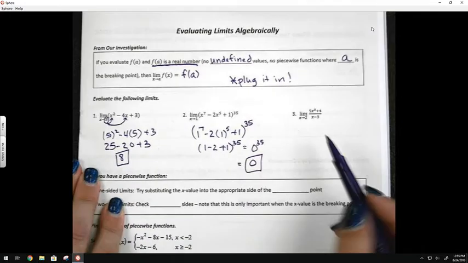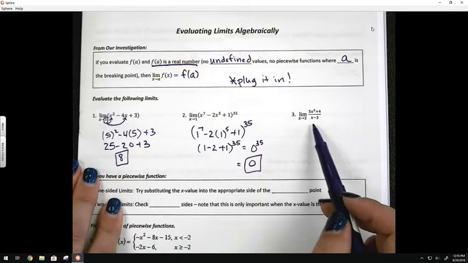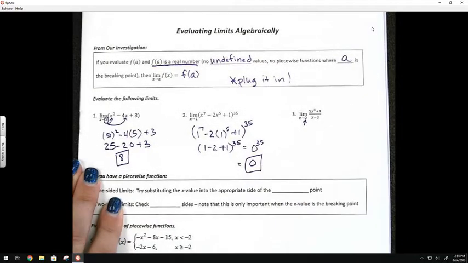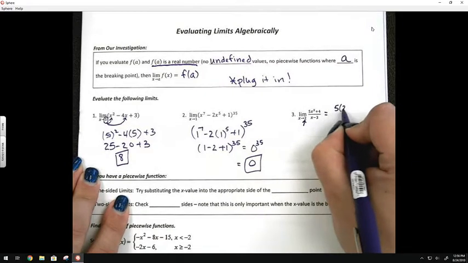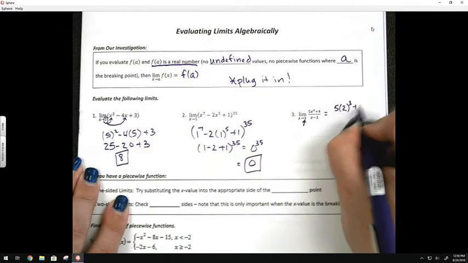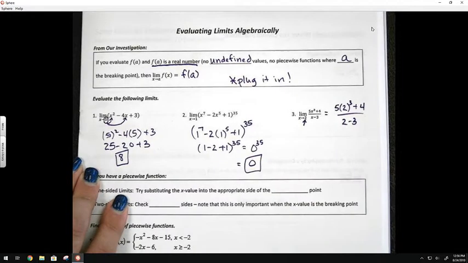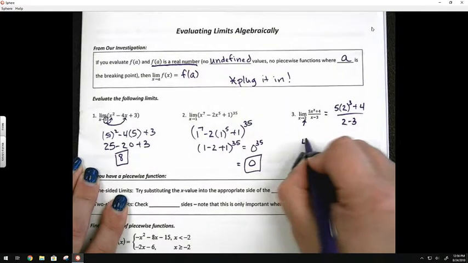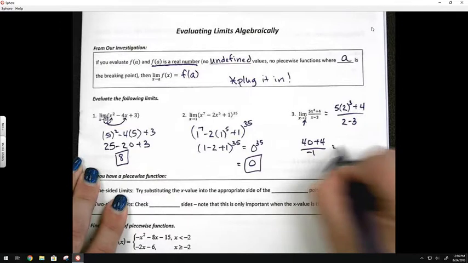Question 3, we've got this rational function here. The problem would be at x equals 3, but we're plugging in x equals 2, so we can just evaluate that one too. So 5 times 2 to the 3rd plus 4 over 2 minus 3. 2 to the 3rd is 8, so we'd have 5 times 8, which is 40, plus 4 over negative 1.